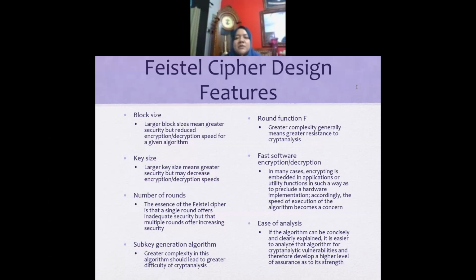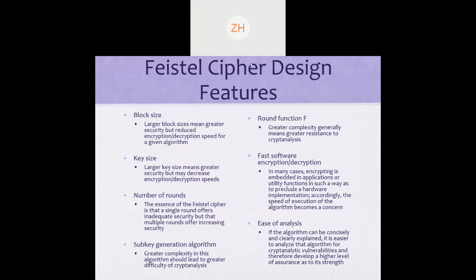But for the Feistel block cipher, we are not focusing on the block size because it's just a concept for the actual symmetrical encryption. But then they fix the number of rounds to be 16. And then in the round itself we have a function.